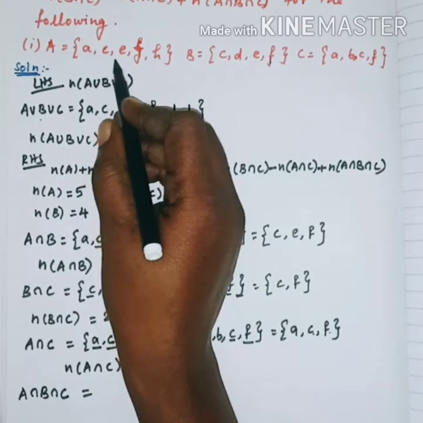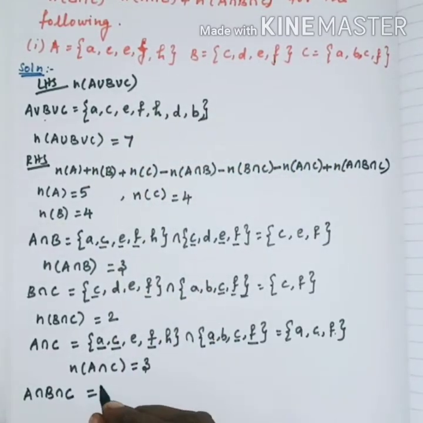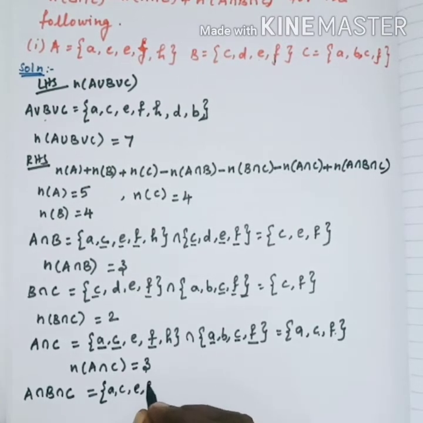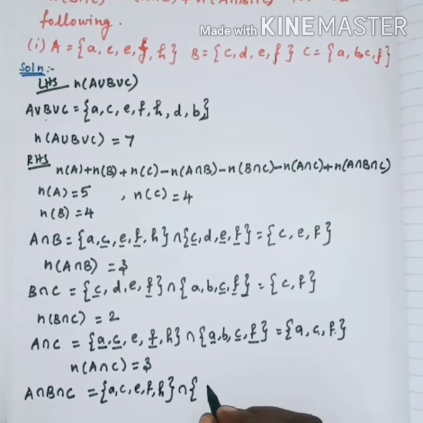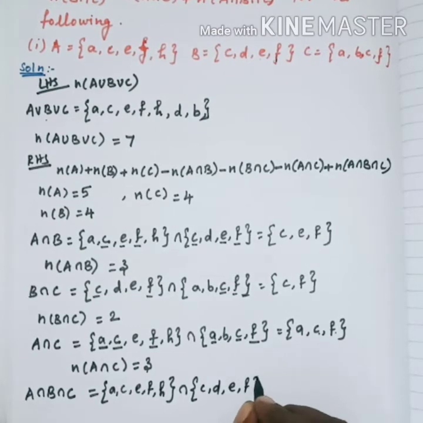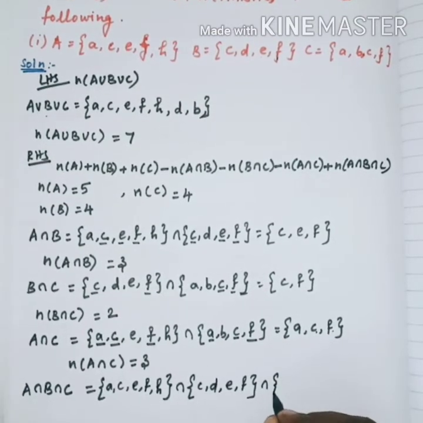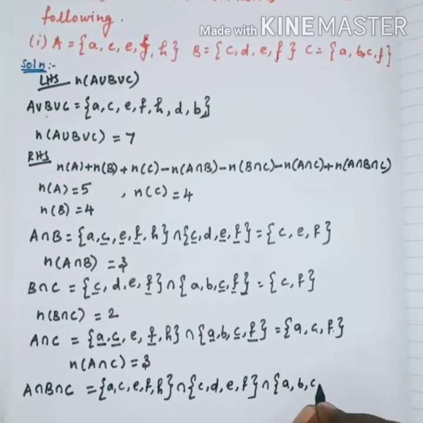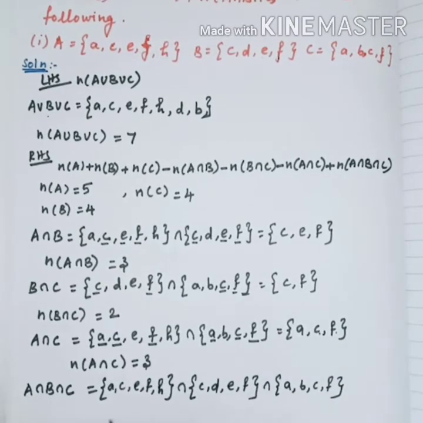So write A intersection B: the elements of A, C, E, F, H, intersection B, C, D, E, F, intersection A, B, C, F. What are the common elements in the 3 sets?